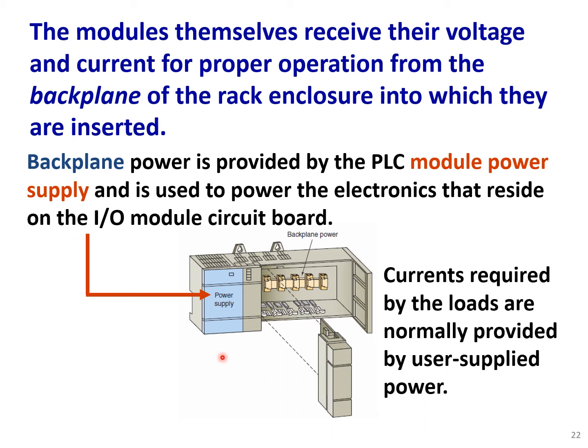So here is our power supply and here is the back plane power, and you see that when we insert one module, it will be connected to the power supply, and based on the type of the module, it will draw a specific current and accept different types of voltages.